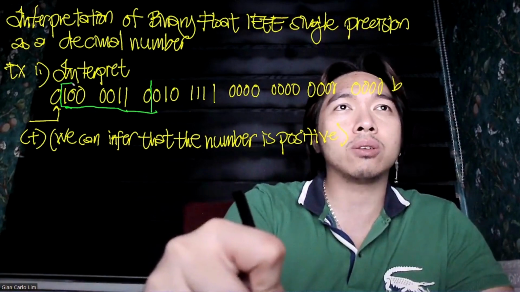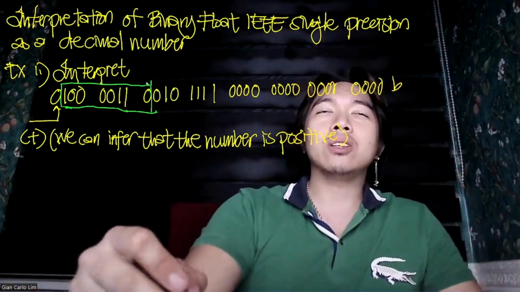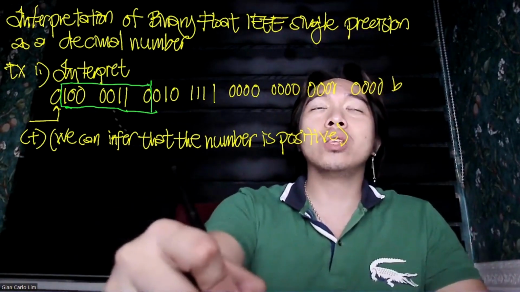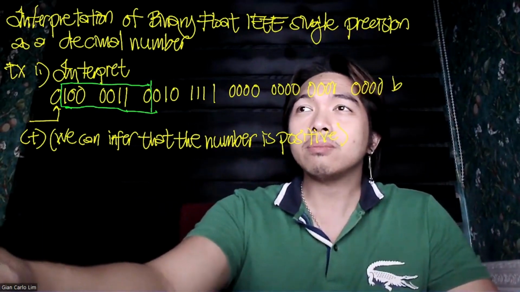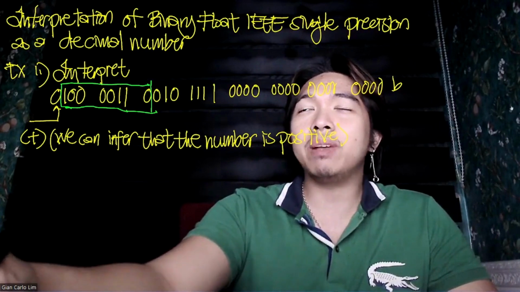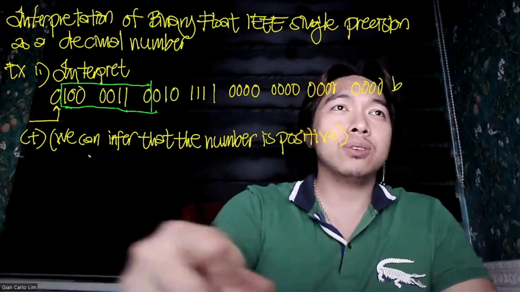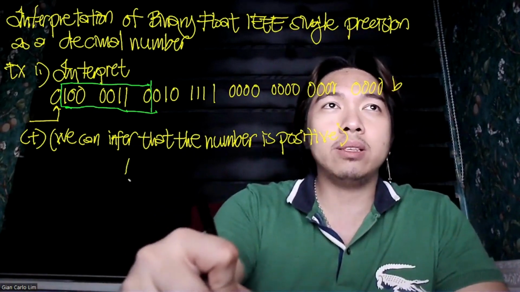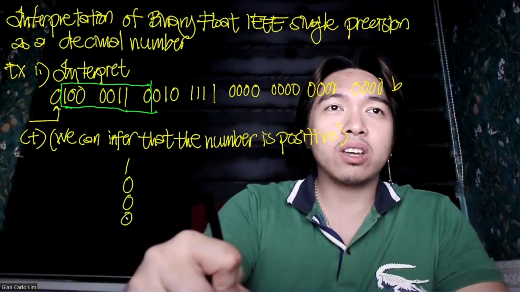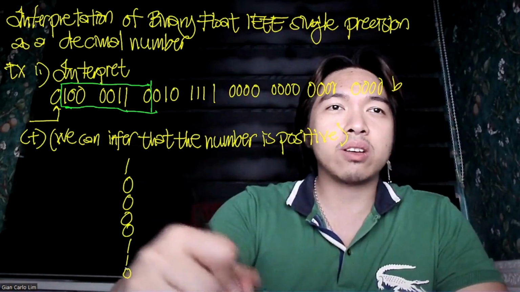So now that we have the exponent bits, kunin natin yung number na ito in decimal. Okay, so ibabalik natin siya in decimal, so we will use doubling to convert this back. So 1, 0, 0, 0, 0, 1, 1, 0. Okay.